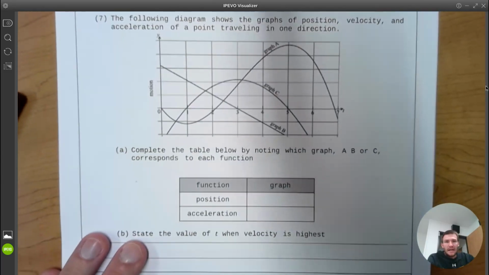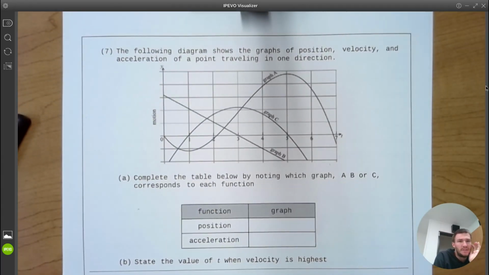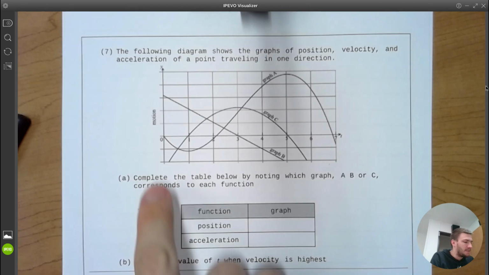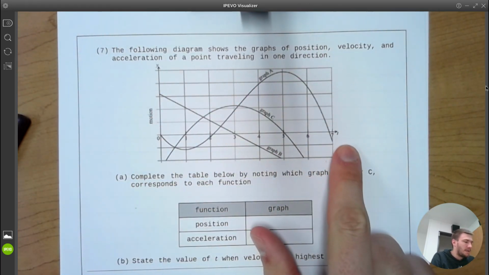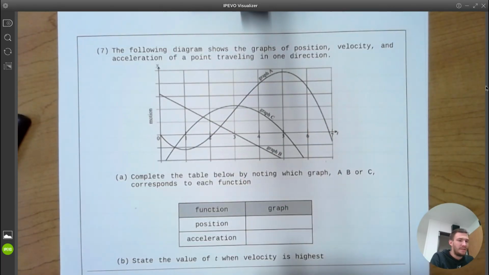The following diagram shows the graphs of position, velocity, acceleration. Okay, complete the table by noting which graph A, B, or C corresponds. Okay, this should be easy. I see a linear, a quadratic, and a cubic. I know that when I take derivatives, they get degraded.